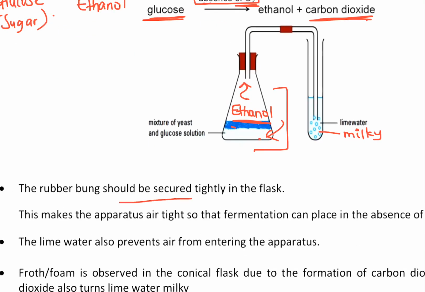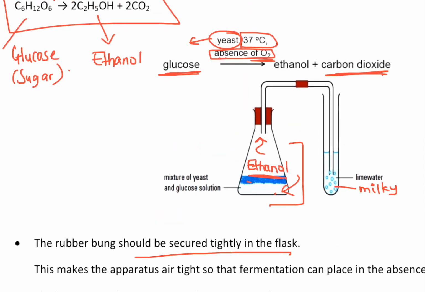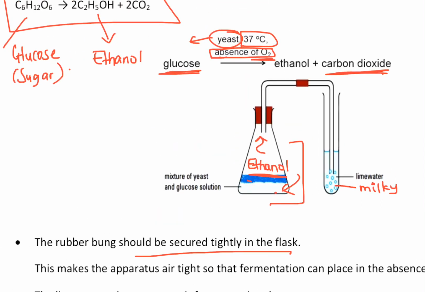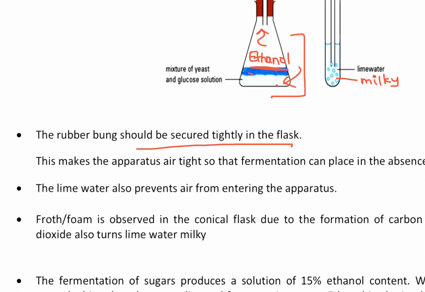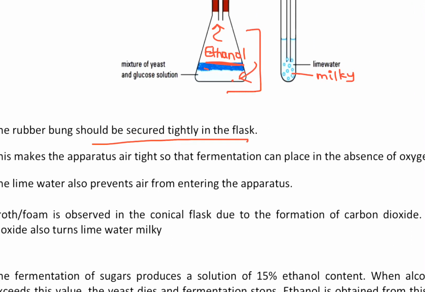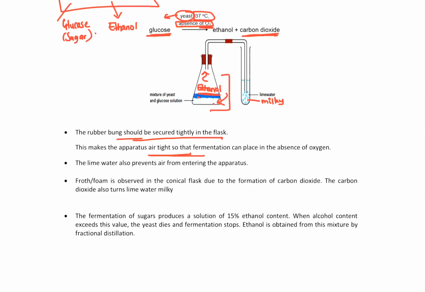The rubber band should be tightly secured so that no oxygen gets in. If oxygen gets in, then the yeast is going to carry out aerobic respiration, which is respiration in the presence of oxygen. The rubber band makes the apparatus airtight so that fermentation takes place in the absence of oxygen.